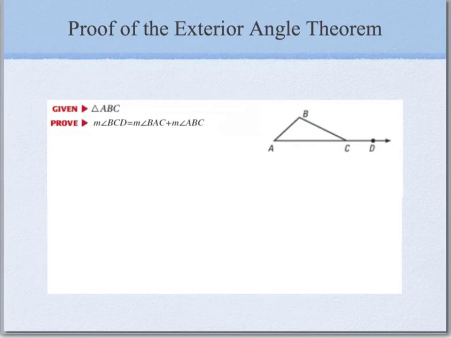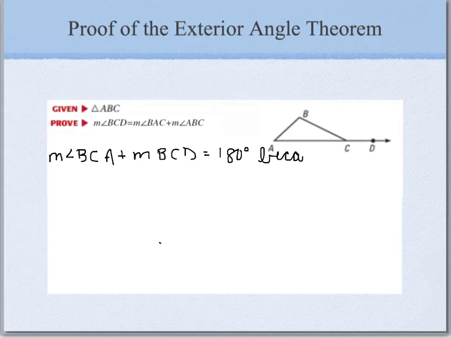So let's start off by saying that the measure of angle BCA plus the measure of angle BCD equals 180 degrees, and we know that's true because they are a linear pair.